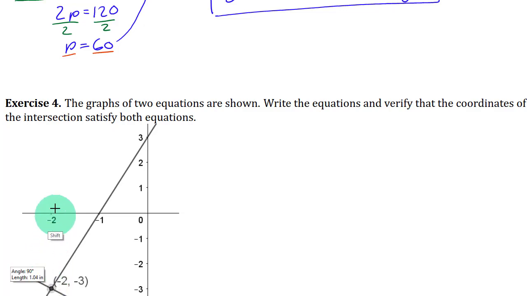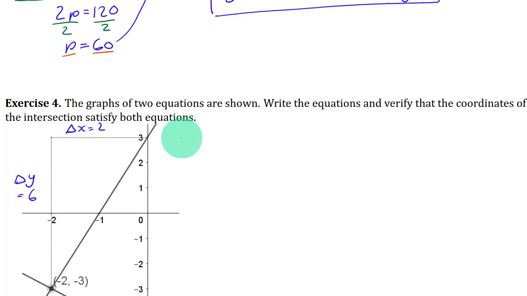So with this first one here, let's see, what is the change in y when you go from y equals -3 up to 3, that's an increase of 6. And the change in x is going from -2 up to x equals 0 here. That should be 2.